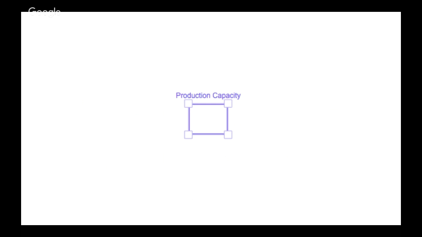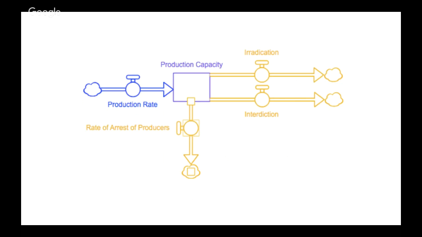This dynamic response to other aspects of the system is a good reason to include some abstraction of the production system in the overall model. So here we have the inflow, simply a way of capturing the combined effect of some of the factors which would boost production, most obviously profits. The outflows represent different ways that production diminishes. Interdiction is technically an intervention into the shipping process, but it could also affect the materials required to produce capacity.